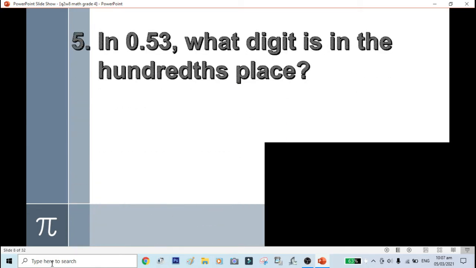Number 5, in 53 hundredths, what digit is in the hundredths place?